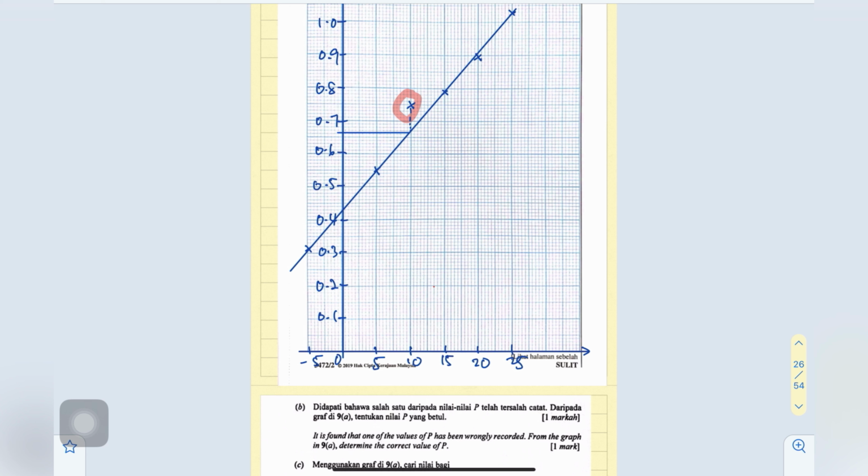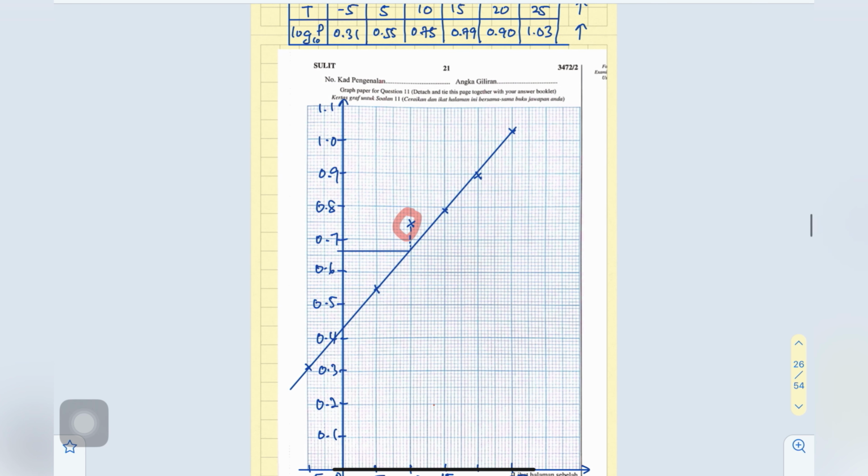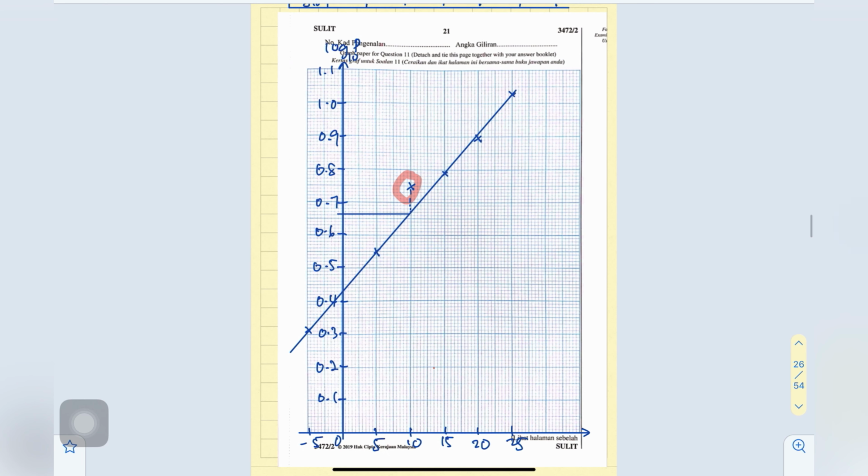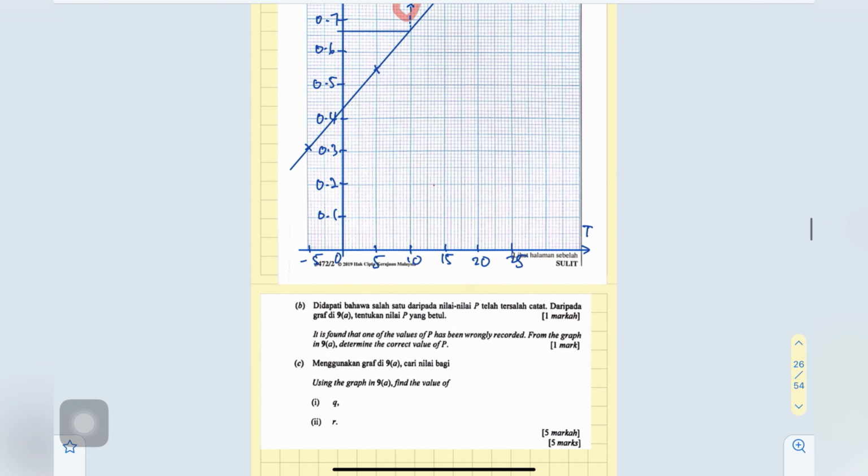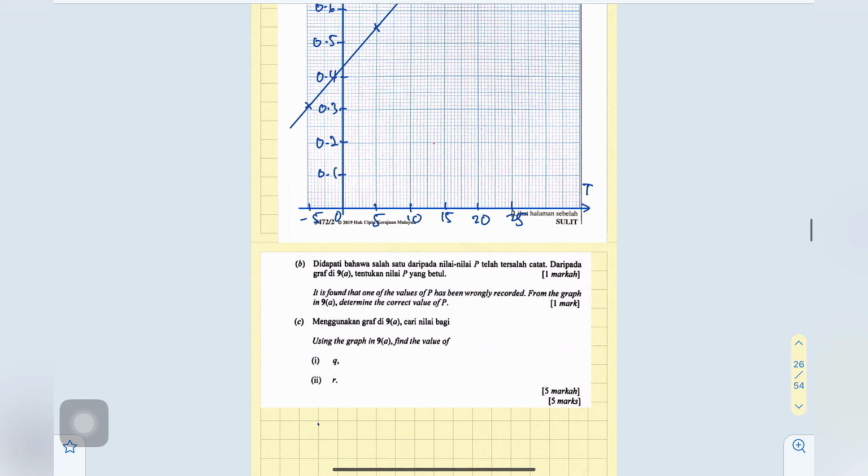0.67. Okay, tapi 0.67 ialah dia punya log P base 10. So ni T kan. Okay, so log P base 10 is 0.67. So this one B, log P base 10 equals to 0.67.